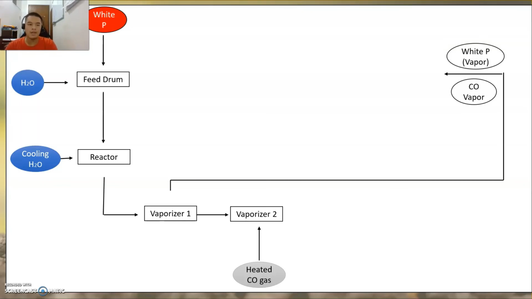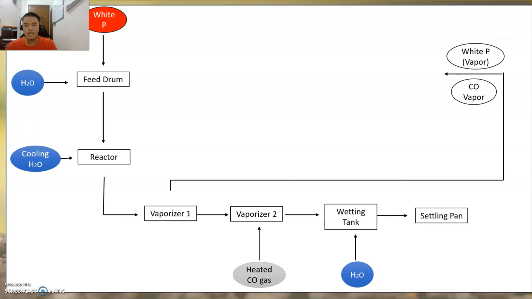Then the output of the second vaporizer is fed into a wetting tank where water is also fed. The output of the wetting tank is then settled into a settling pan where one of the outputs is drained water. As the molecules settle, the water is drained, and what's left in the settling pan is our needed red phosphorus output.